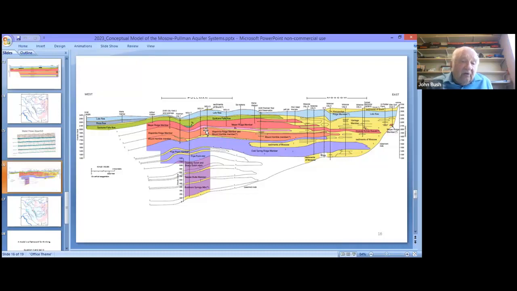In a cross-sectional view, we see these little folds, as we talked about, with the water now coming up against the barriers. Some other potential barriers are northwest trending dikes and possible small faults. When we look at the Pullman area, we can talk a little bit more about how this aquifer system works.